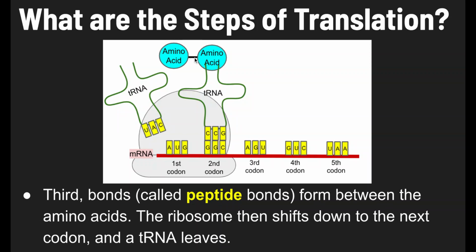It's called a peptide bond. And the ribosome is then going to shift down the mRNA to the next codon. And when it does that, the tRNA that was previously there is going to leave. So you can see this first tRNA is leaving, and this ribosome's shifting to the right. It's going to keep working its way down the mRNA.